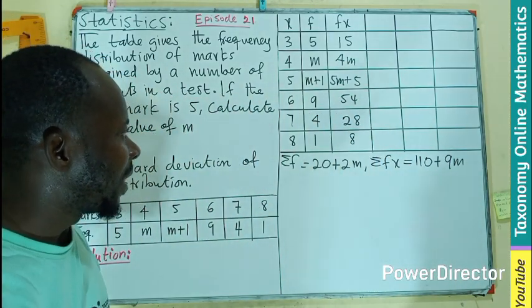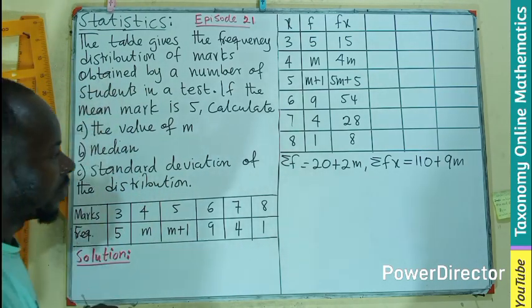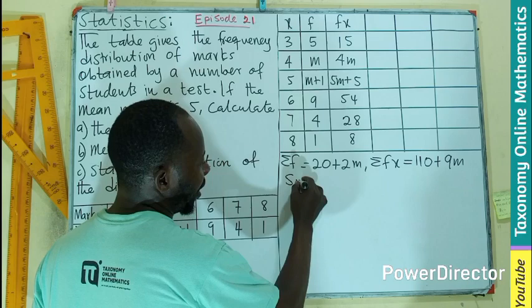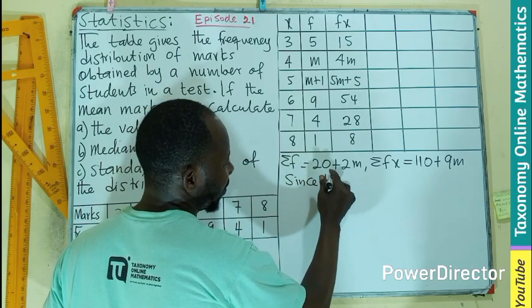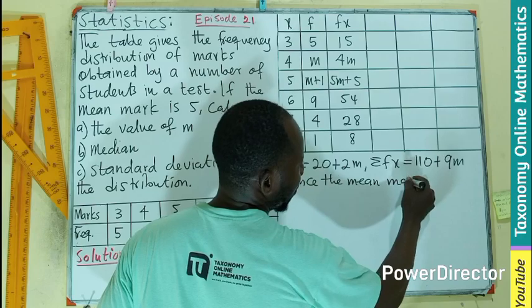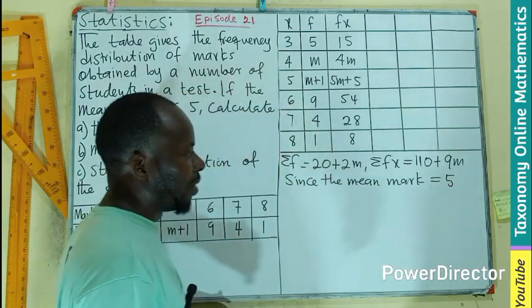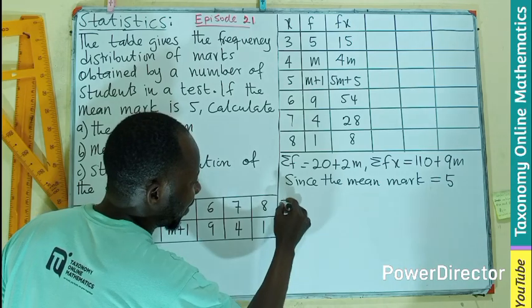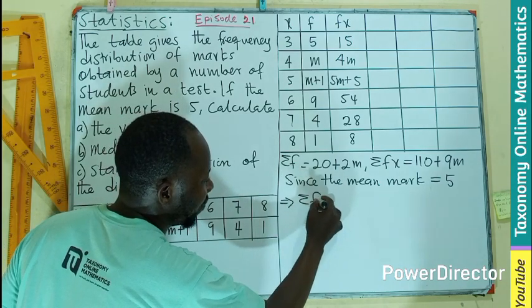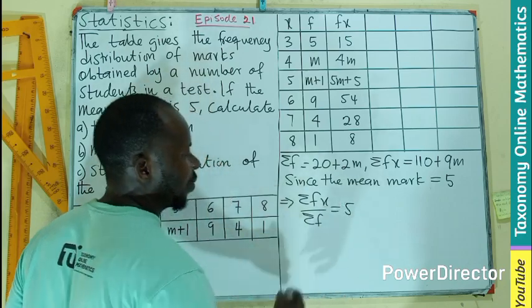Now, these two pieces of information are needed because the mean mark has been given to us. So we just have to indicate that since the mean mark is 5, that implies that your sigma fx divided by sigma f will be the same as what? 5.